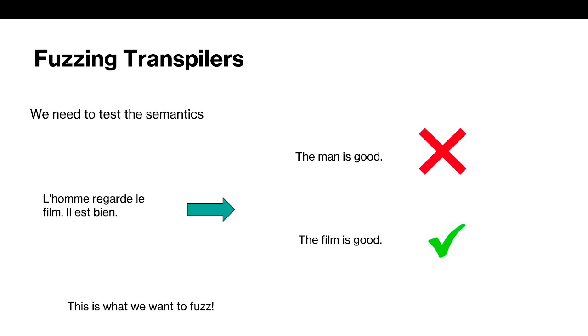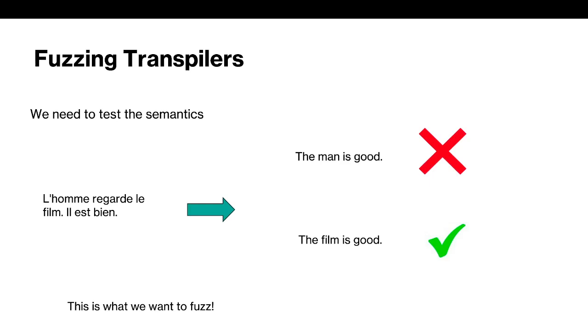And as an example of this, for semantics, a good parallel is translating human languages. I have a little French phrase here. It means the man watched a film, it was good. Now, in English, we understand what that means perfectly well.